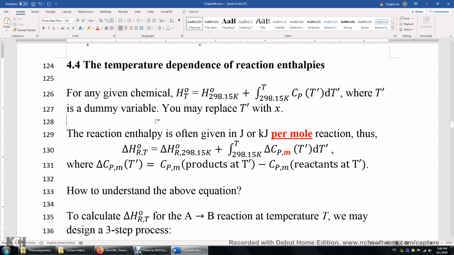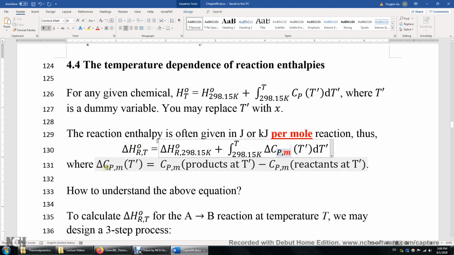Now, the reaction enthalpy is often given in joules or kilojoules per mole of reaction, and thus what we usually do is write the enthalpy of reaction at temperature T as the enthalpy of reaction at room temperature plus the correction. The correction is the integral of delta Cpm per mole of reaction, Cpm dT.